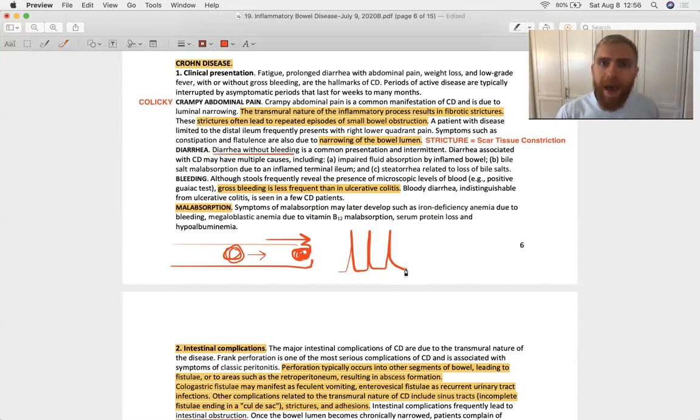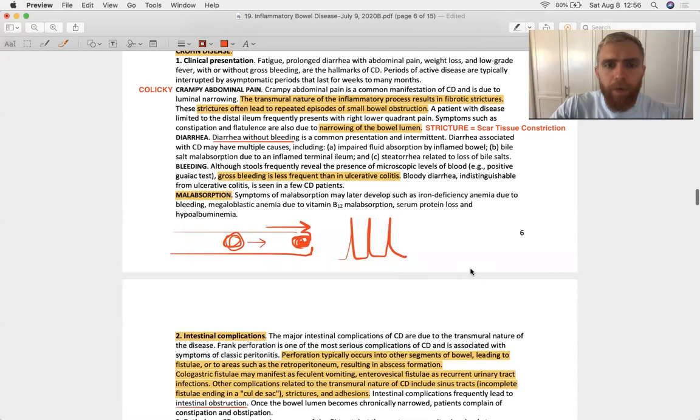But because your bowel has a slow wave that's always going through it, and a migrating motor complex, right, that's interdigestive, that means that every 30 seconds or maybe 10 seconds or so, depending on where you're at in the gut, you're going to get a contraction. So when you get that contraction and there's an obstruction, i.e. a stricture, you're getting this colicky pain.